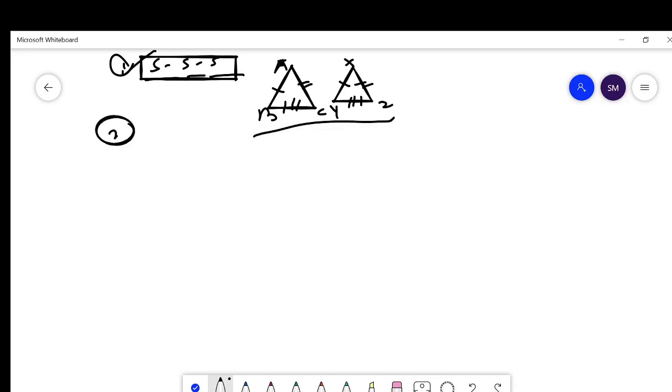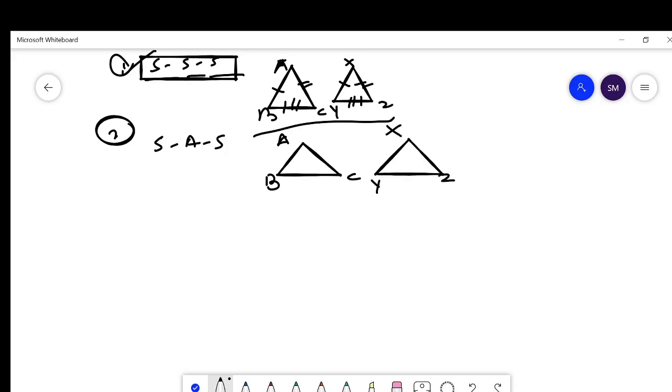Then the second condition says side angle side. Suppose ABC is a triangle and XYZ is another triangle.